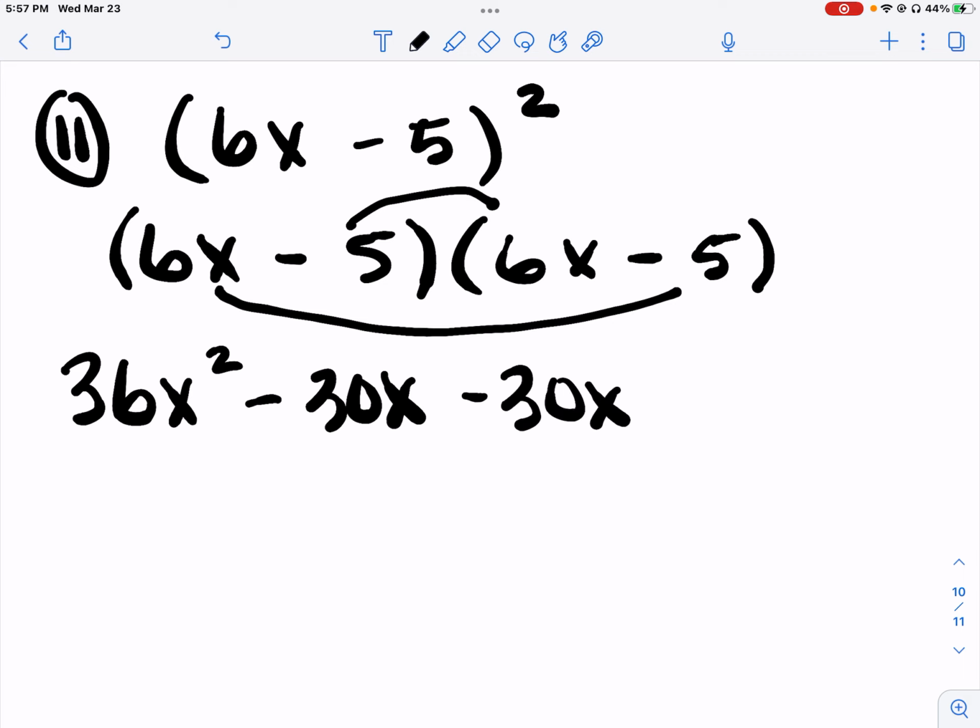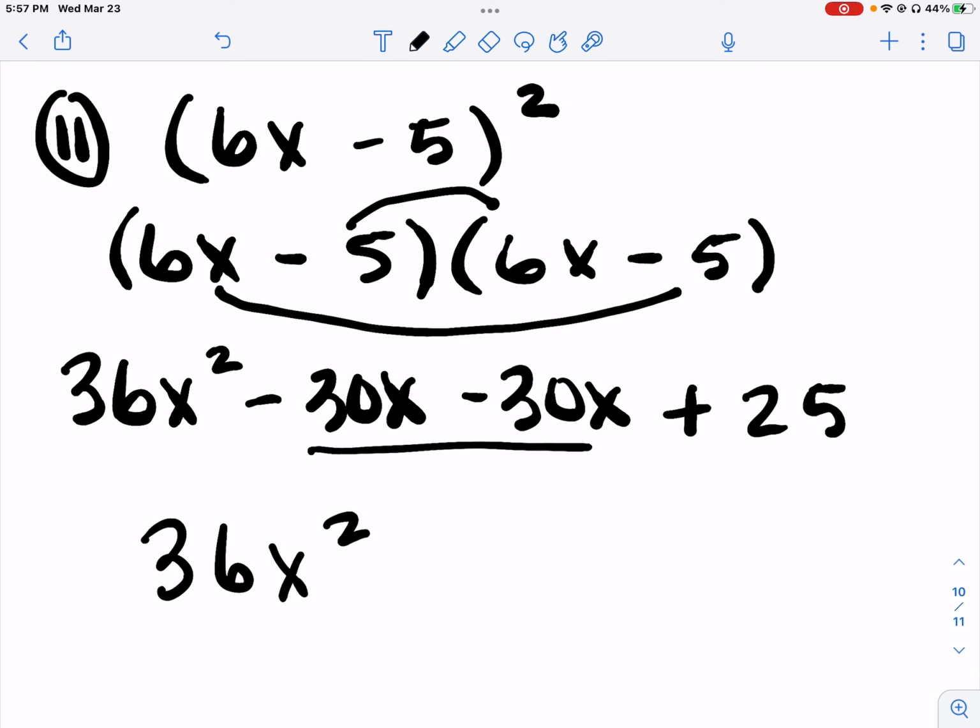Last, negative times negative, positive. Now, those are like terms, but they're not going to cancel. Lose 30 and lose 30 again is lose 60. Okay? The signs are the same, so add 30 and 30 and keep the sign.